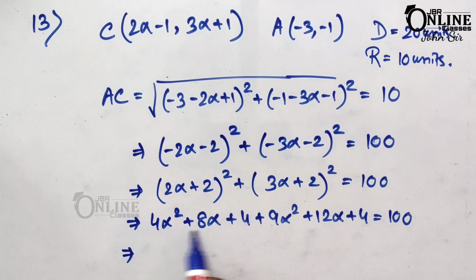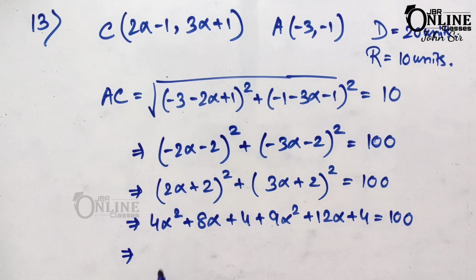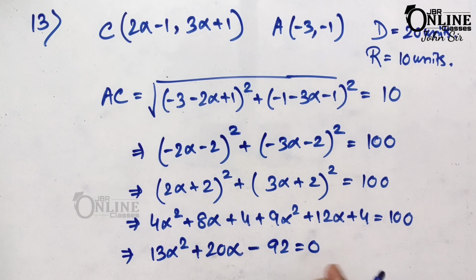Okay, so 4 and 9 make 13 alpha square, 4 alpha and 12 alpha make 20 alpha, and 4 plus 4 is 8, then minus 100 gives minus 92, equals 0.